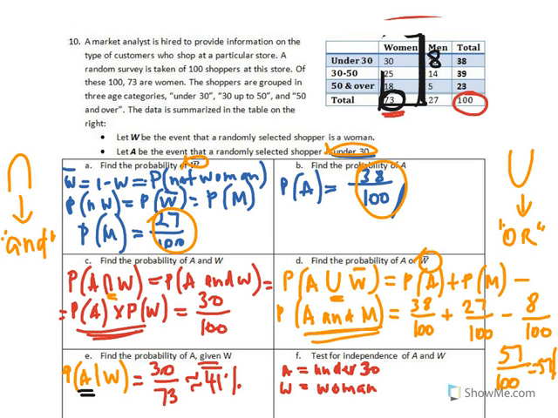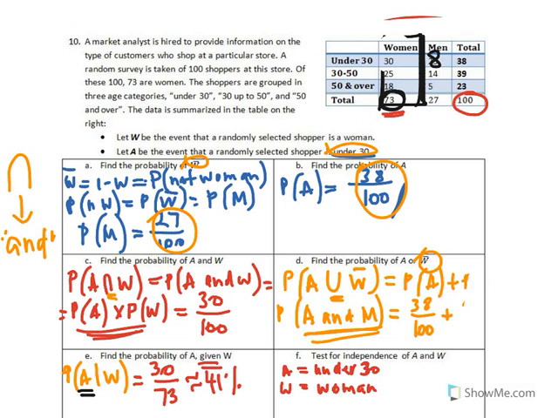Now we do know that to test for independence, we need to find out if the probability of one event A is equal to the probability of that event A given that event B has happened. So in this case, the probability of event A should equal the probability of event A given W.